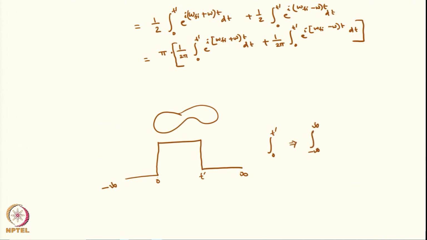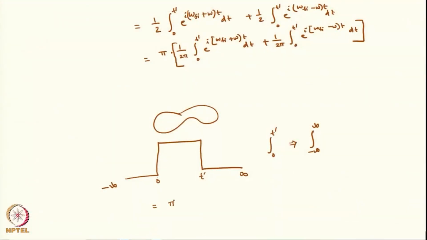Even though it is from minus infinity to plus infinity, the actual region in which the light acts on the molecule is only 0 to t prime. Rest of the time you are just adding zeros, so it does not really matter. I want to make this transformation. It will not change any physical principle, however, it will reduce these equations to some standard integrals.